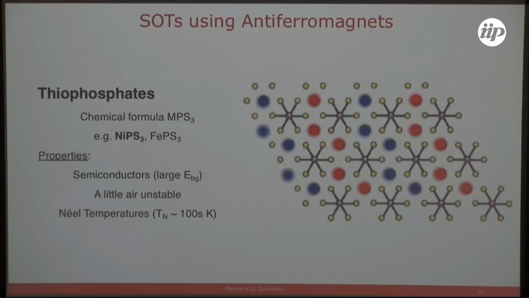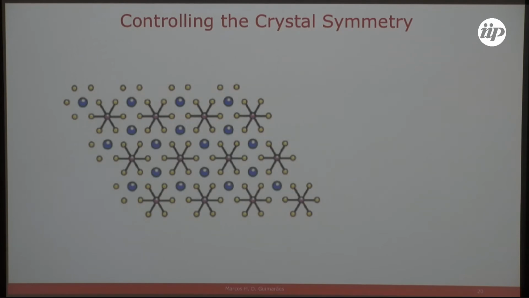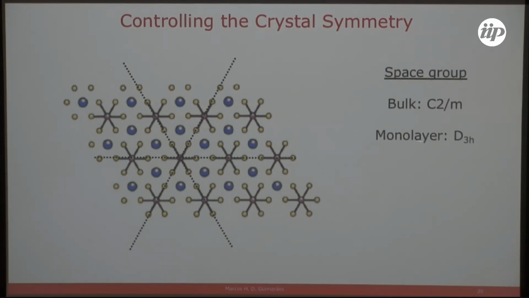And now, if you look at the crystal symmetries, if you have a bulk material, the symmetry group is C2/m. But if you look at the monolayer, it's D3h. The important part here are these mirror planes, you can see the 3 mirror planes over there.